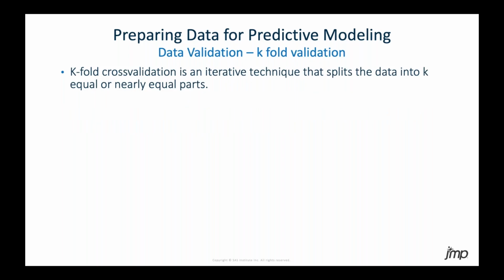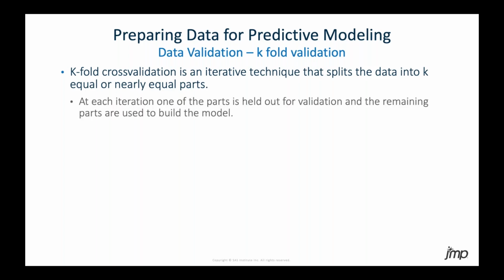The final iterative technique I want to talk about is k-fold. This is sort of the extreme. All right, so now with k-fold, what I do is I split my data set up into k equal or nearly equal parts. Then at each iteration, I hold out one of those parts for validation, and then I use the remaining parts to build the model. I keep on going until each of my folds is held out of the data.